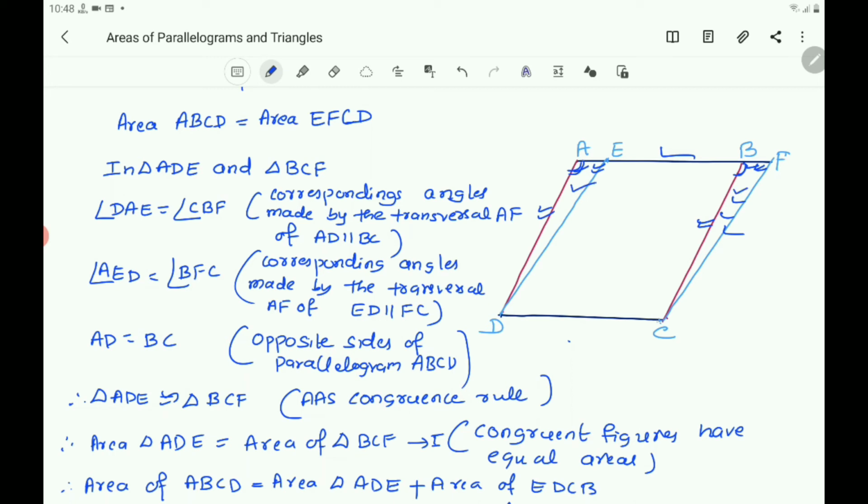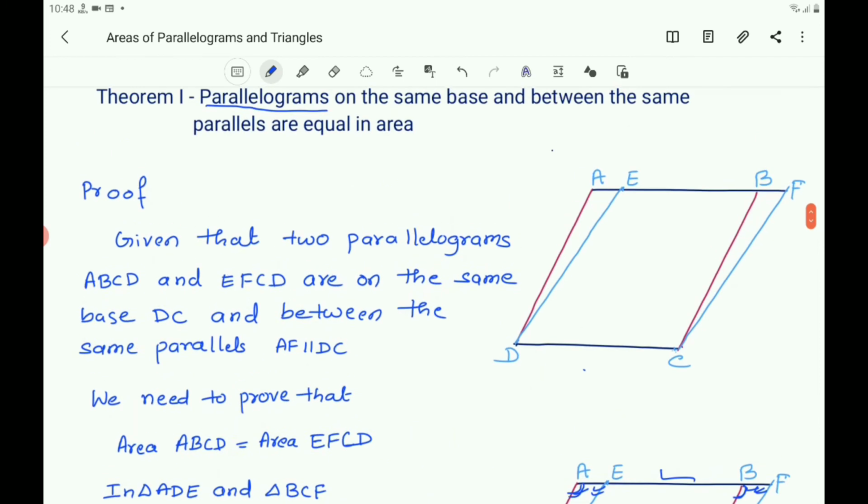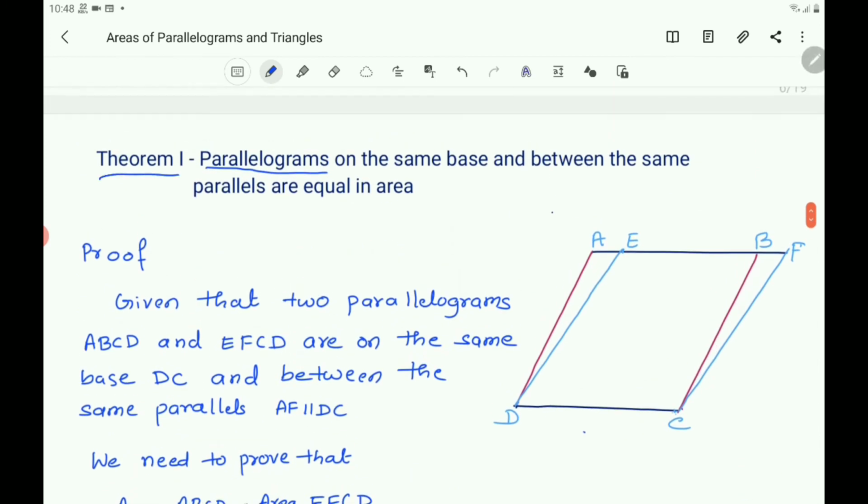So equal areas are added to the common part, so you will get equal areas. Therefore, parallelograms on the same base and between the same parallels are equal in area. You got the logical proof for theorem 1 of that chapter.